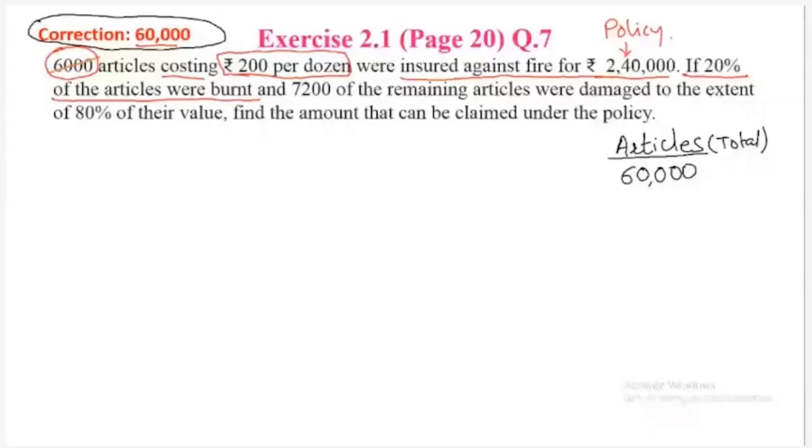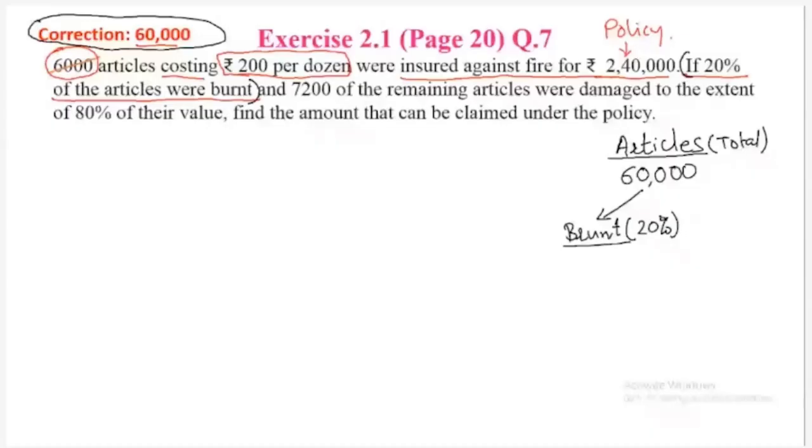Now, what happened? Read only this part. If I'm putting a bracket, read only that much. If 20% of the articles were burned, how much is burned? Let me write burned in bracket. In percent, they are saying 20%. So 20% of what, dear student?